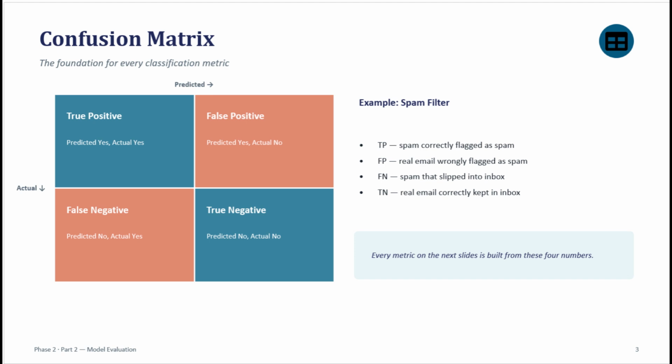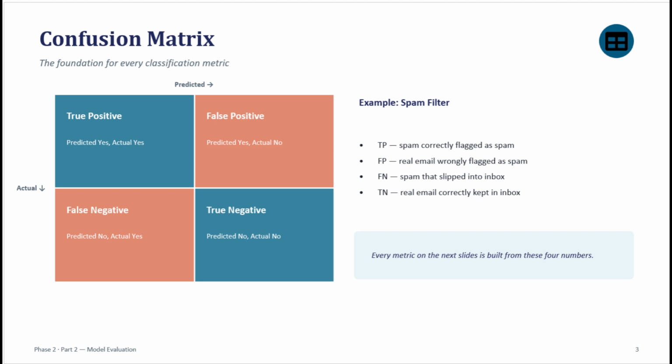Before we can understand any classification metric, we first need to understand the confusion matrix. Think of it as the report card for a classification model. It contains 4 possible outcomes. First, true positive. The model predicted yes, and the actual answer was also yes. That's a correct prediction. Second, false positive.